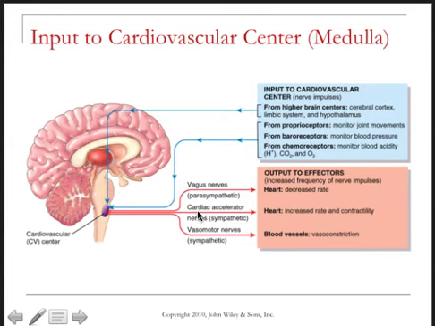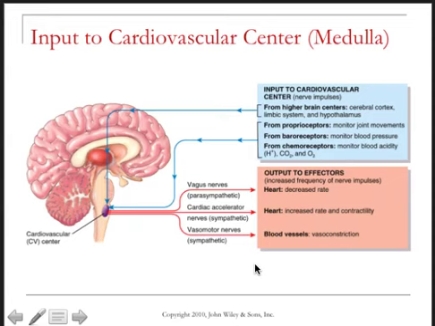The cardiac acceleratory nerves are the sympathetic leads to the heart. And the vasomotor nerves are the vasoconstrictors. Okay, so these are the sympathetic outputs, the sympathetic leads, and these are the parasympathetic leads. Okay, so we have a way to either increase or decrease the heart rate depending now on the body's needs at the moment.